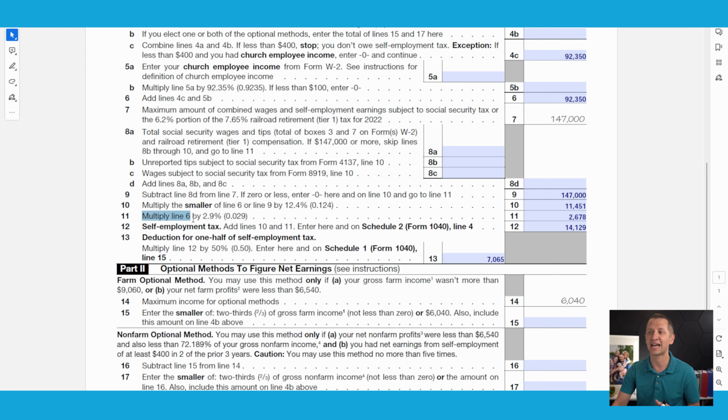Then on line 11, we multiply line 6 by 2.9%. 2.9% is both sides of our Medicare tax. So 1.45% plus 1.45%. We multiply this and we get 2,678. If we add lines 10 and 11, that's where we get line 12 at 14,129. That is our self-employment tax with a net profit of $100,000.